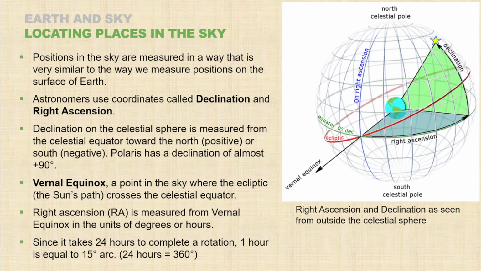That change is 15 degrees. We can measure in terms of hours or degrees, either way. And that's how we locate most of the stars in the sky, by right ascension and declination.